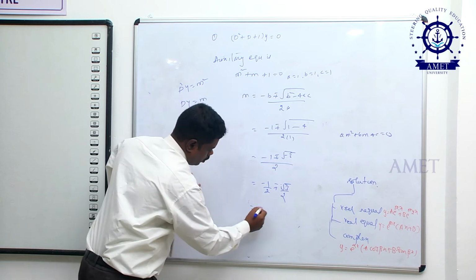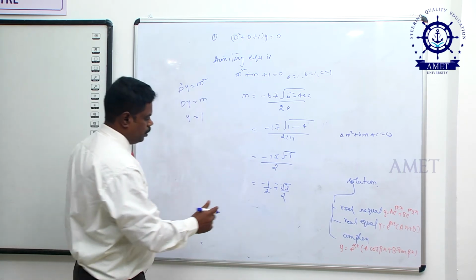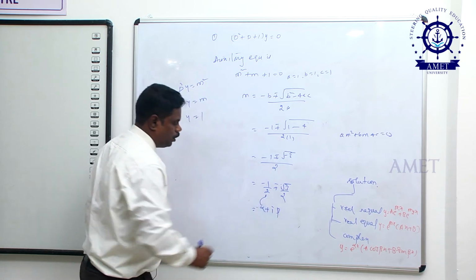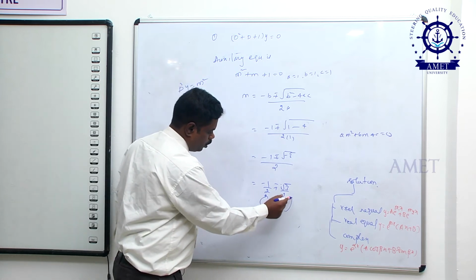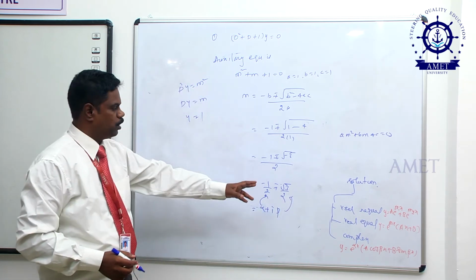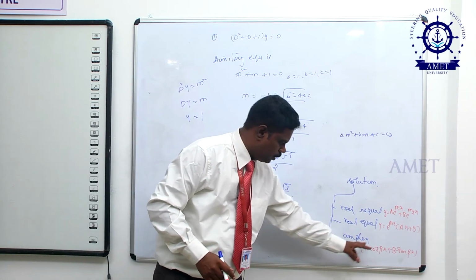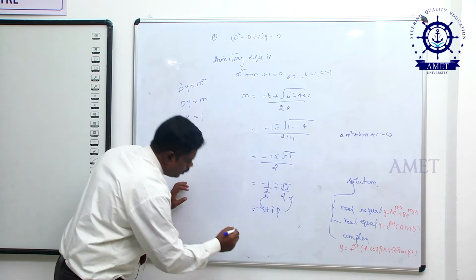So it is a complex number in the form alpha plus i beta. Alpha is equal to minus 1 by 2, beta is equal to root 3 divided by 2. Whenever the roots are complex, what is the general form? e power alpha x into a cos beta x plus b sin beta x.